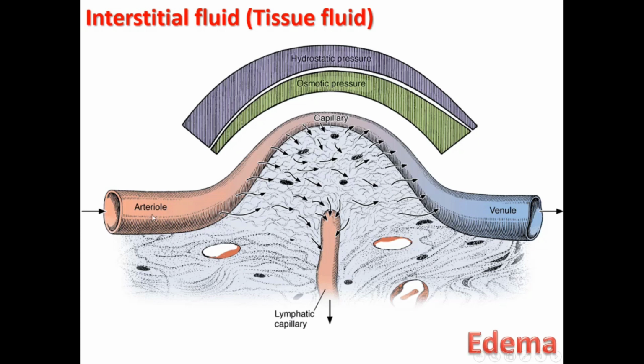Arteriole means a small artery, then it changes to the capillary and changes to the venule. Venule also means a small vein. Two forces work on the water of the capillary. The first one is hydrostatic pressure. The second one is osmotic pressure.